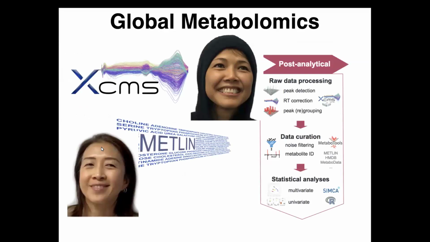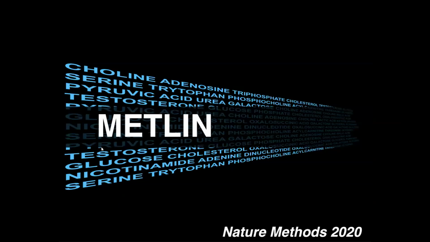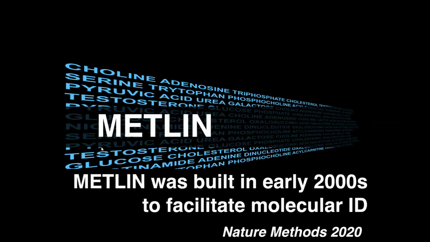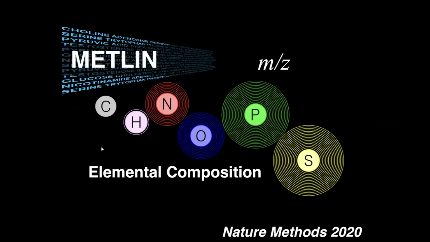So I mentioned, one of the key aspects to this has been the Metlin database. Metlin is a fairly extensive resource right now, and it started off in the early 2000s to facilitate molecular identification.